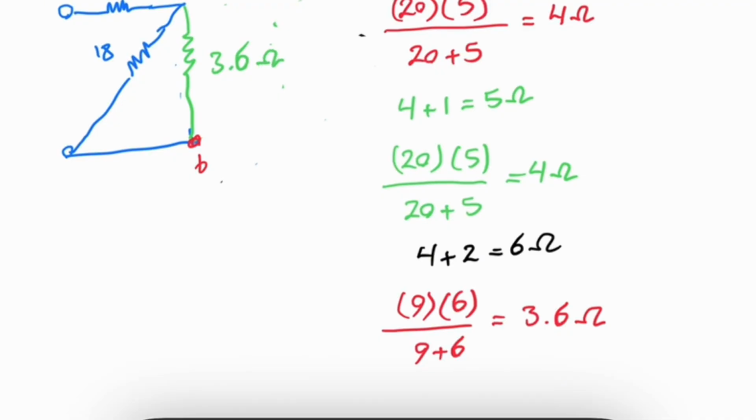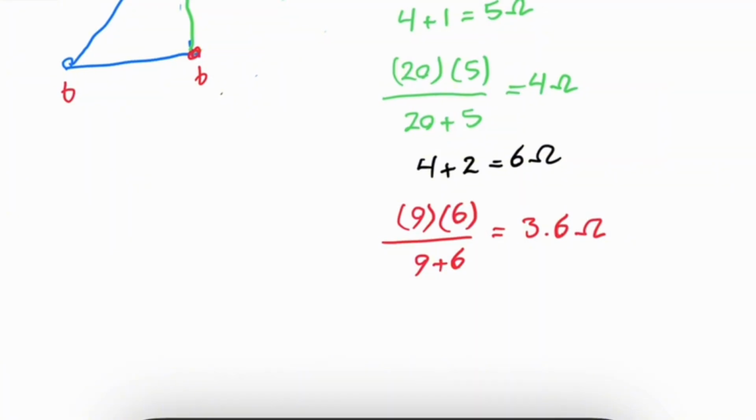Now what is happening next? Again, if you look at this one, they are again sharing the same nodes. If I call it A, this is B, this is B, so meaning that 3.6 is in parallel with 18. That means the product of 18 times 3.6 over the summation of 18 plus 3.6, which gives me 3 ohm.